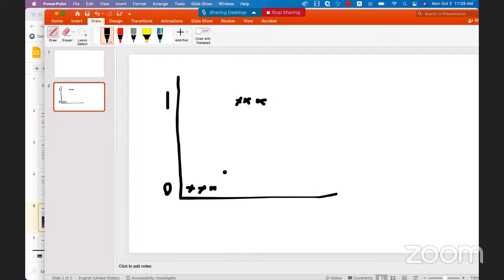If this number is, for example, 0.1, that's under 0.5, then the result is 0.